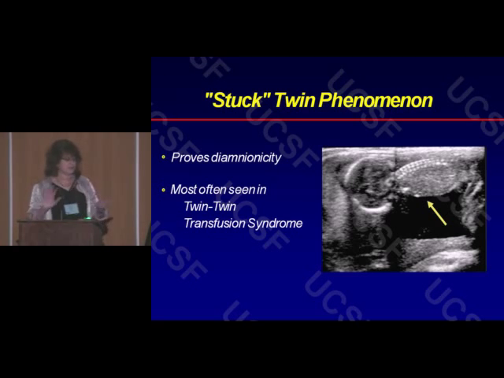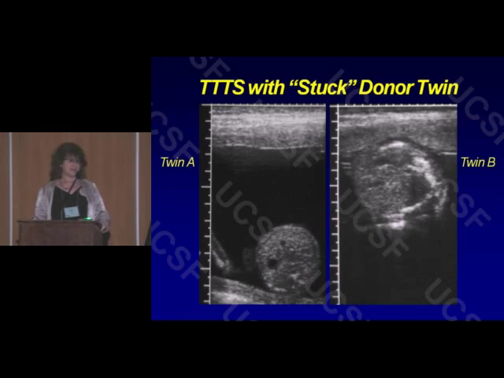So if you maneuver the mom and show that this fetus is adherent, you can confirm it's stuck, confirm there's a thin membrane, and the most common explanation for this phenomenon is the donor of a twin-twin transfusion syndrome. One more example of that condition.